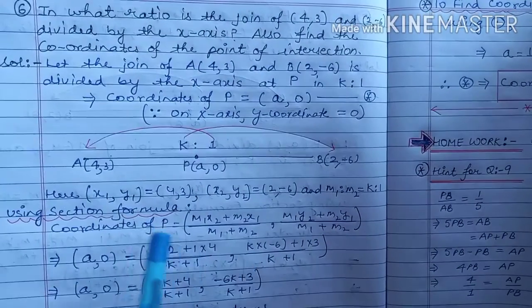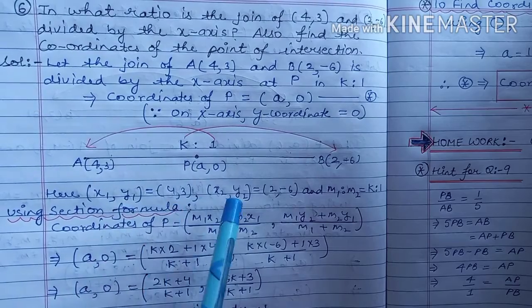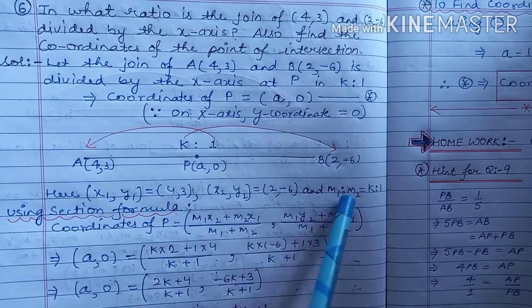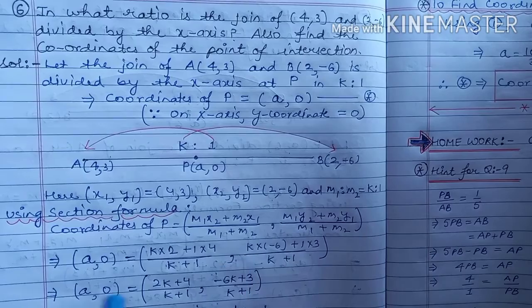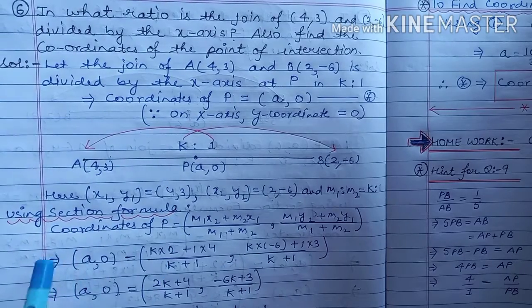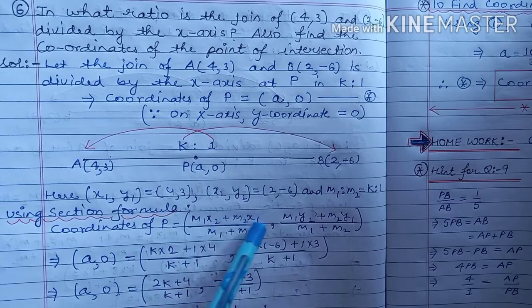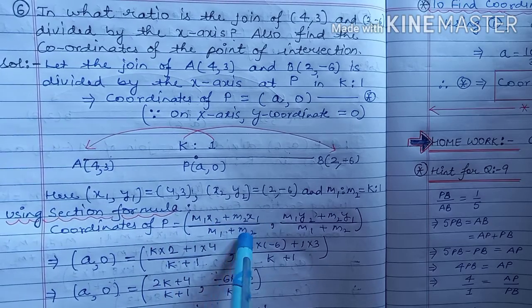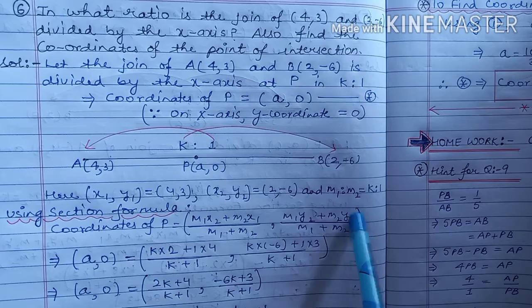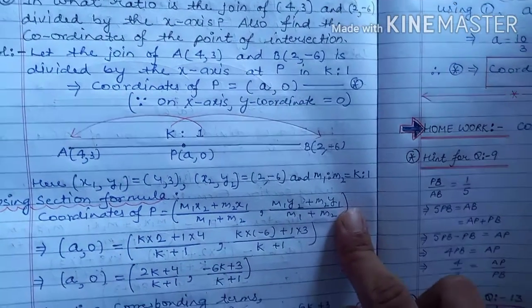Here x1 y1 is (4, 3), x2 y2 is (2, minus 6), m1 m2 is k ratio 1. So by applying the section formula we get coordinates of P equal to (m1 x2 plus m2 x1) over (m1 plus m2), (m1 y2 plus m2 y1) over (m1 plus m2).